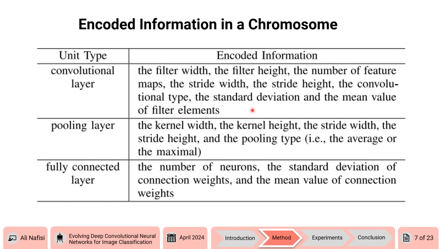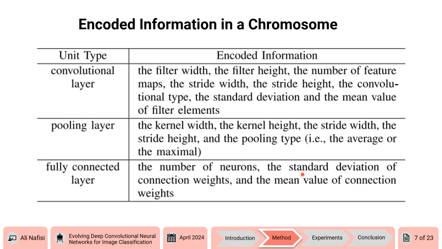So using the evolutionary algorithms, we search in the search space for the optimal, or let's say suboptimal or good, values of the standard deviation and the mean value of each layer. In the pooling layers, we don't have any parameters to optimize, so here we don't have any weights.